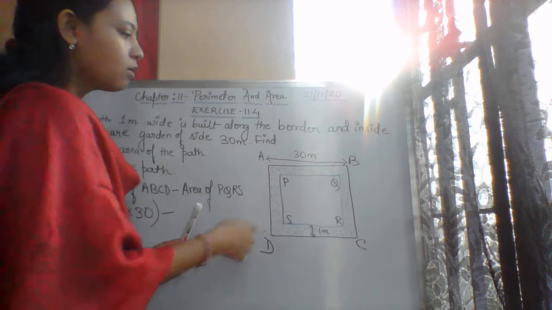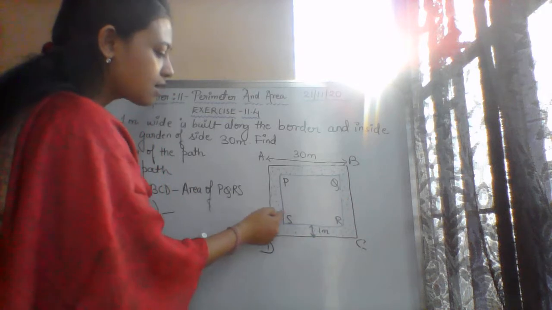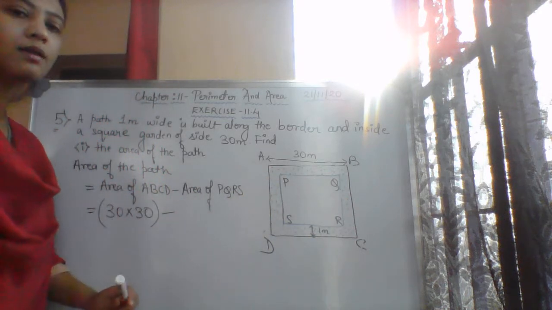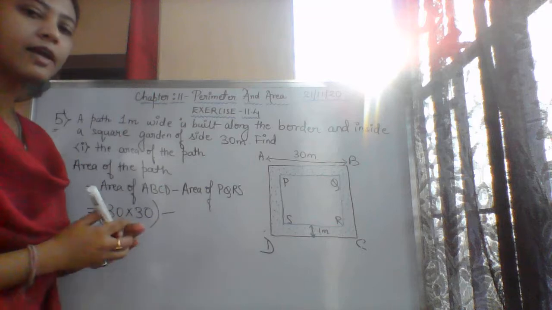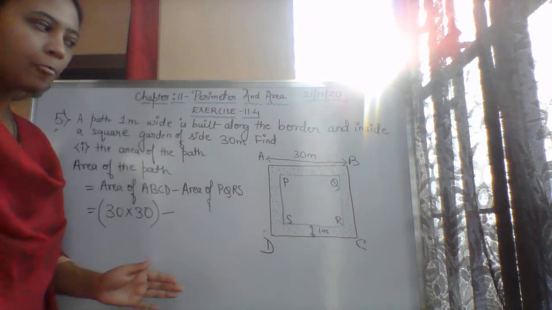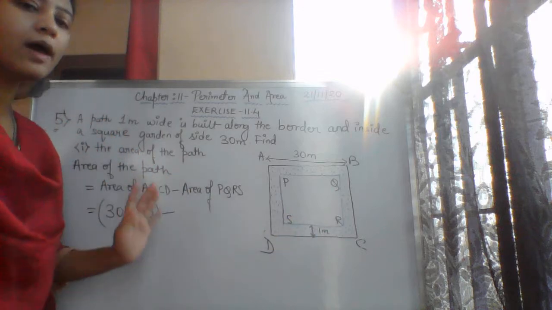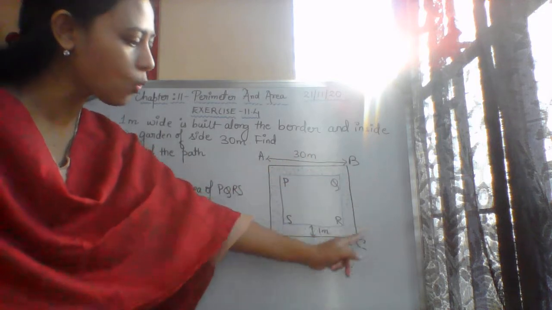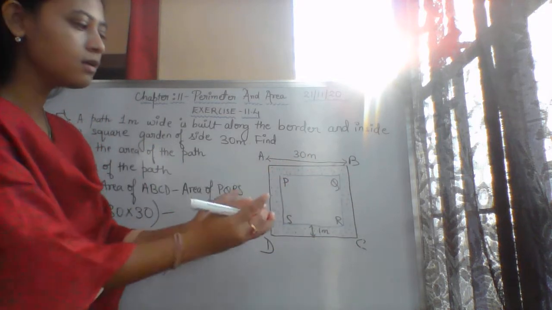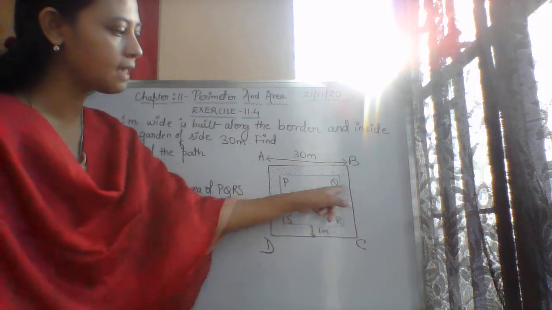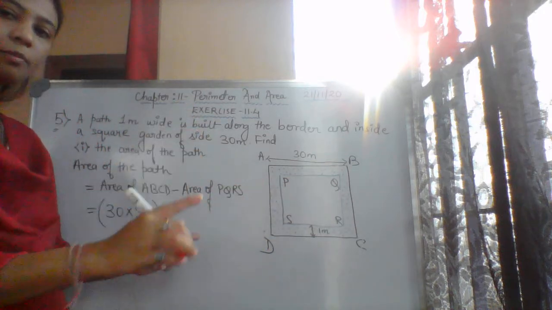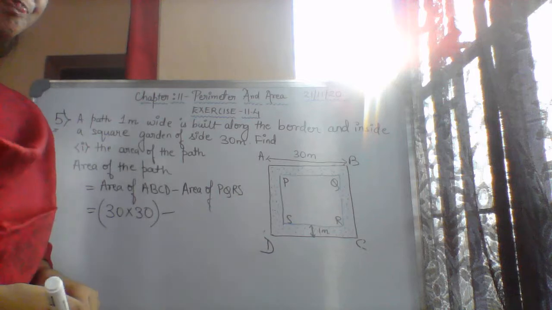So it is equally reduced from each side. This will be a square only, because from a square we are reducing the same amount from each side, so automatically we will get a square.